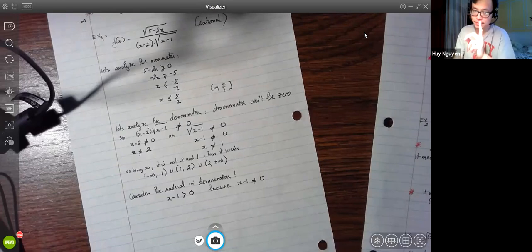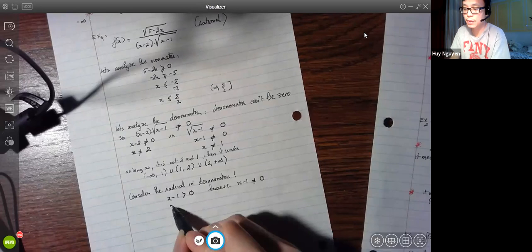Remember that. If the radical is on the top, we set it greater than or equal to 0. But if the radical is on the bottom, we just set it greater than 0. So from here I have x greater than 1.